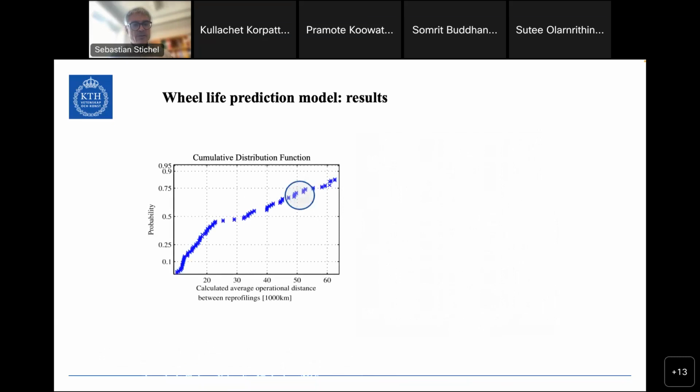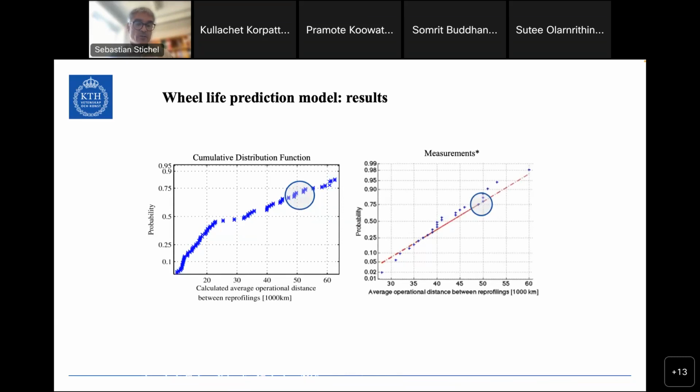And as you can see here on the next slide, we can now calculate curves similar to the ones that are based on the workshop observations. We can say after how many kilometers of running distance you probably have to reprofile your wheels, and that actually coincided very well with the field observations, the observations in the workshops.